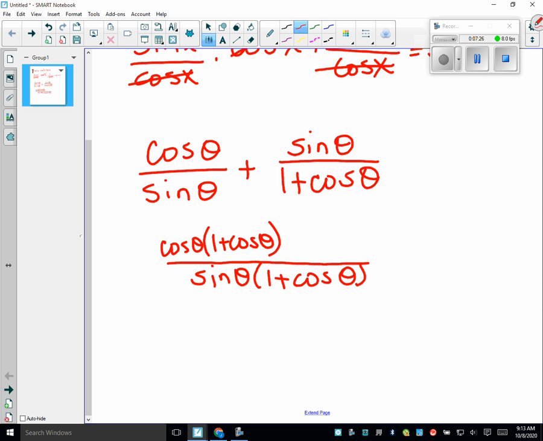Right? What does this denominator become? Because when I multiply, I'm not adding. Okay, everybody okay with that?